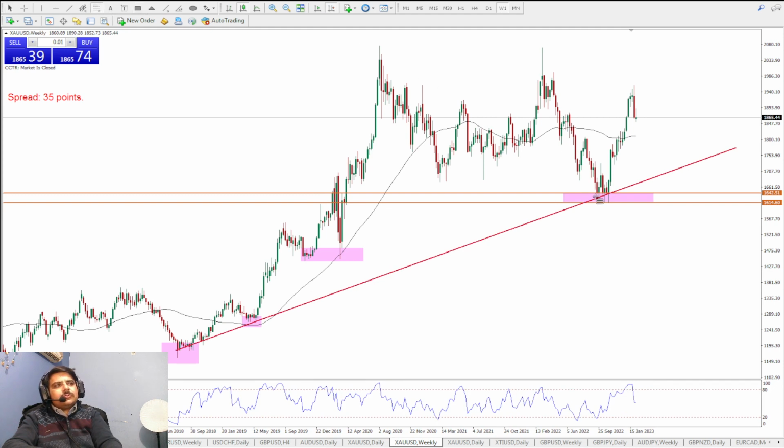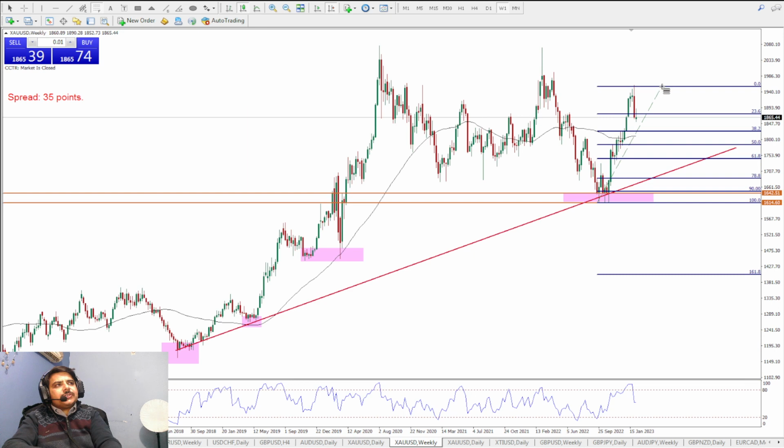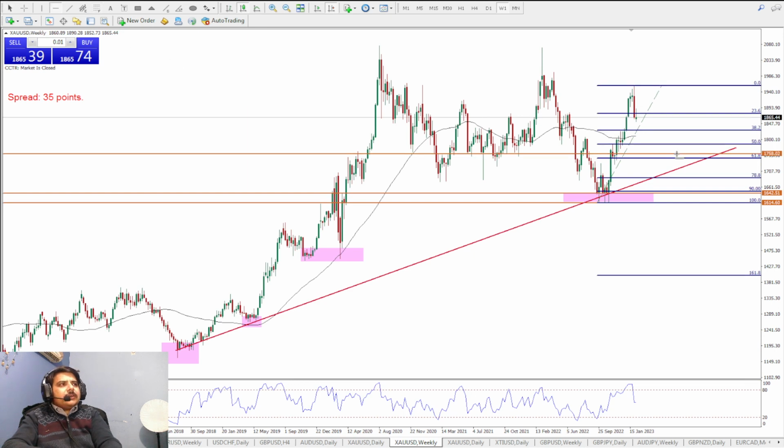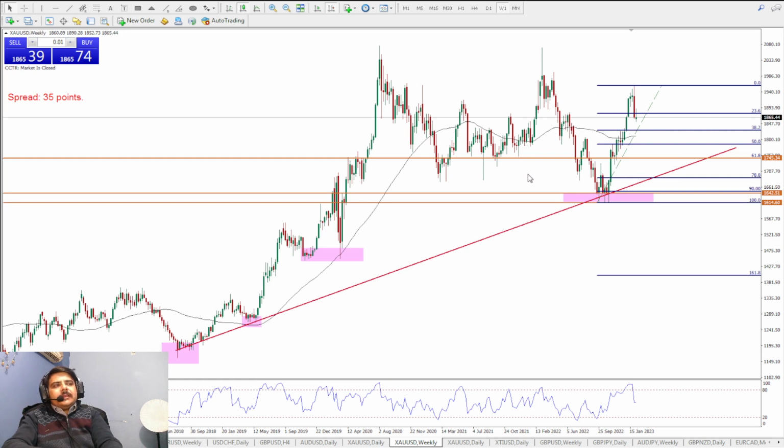Which tool do I use to identify trend change? Fibonacci. Where is the 61.8? Now, here is the key. There are a lot of ways you can trade Fibonacci, but since 2016, I am personally using 61.8% retracement, and I have built a strategy which gives me reversal points, breakout points, support, resistance, supply and demand zones, you name it.